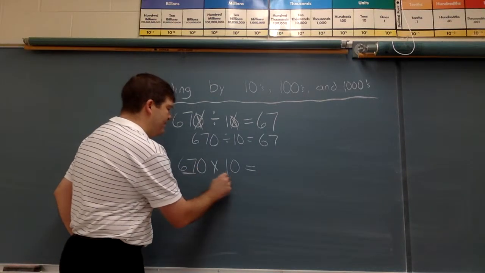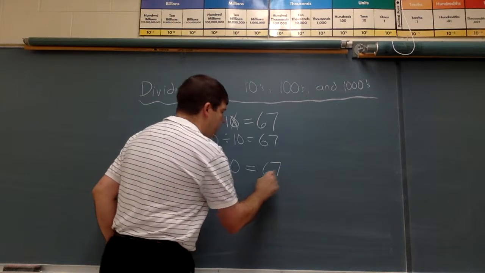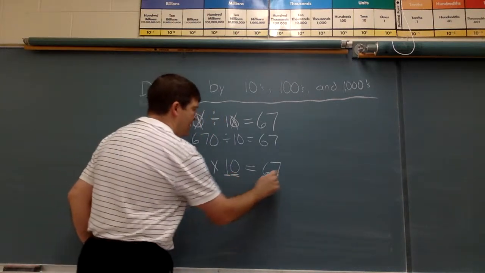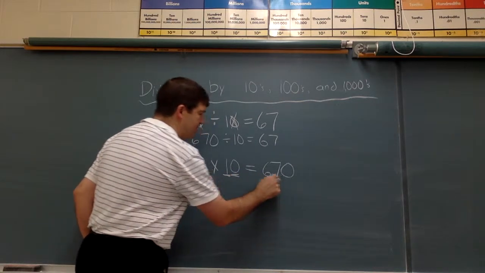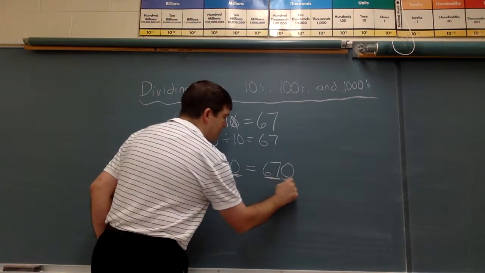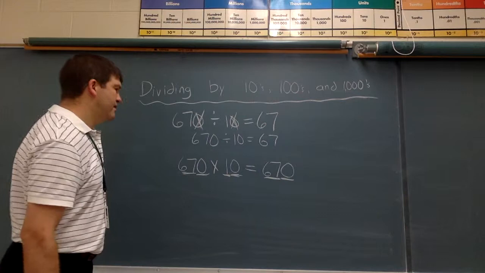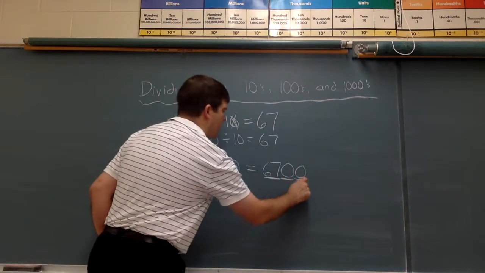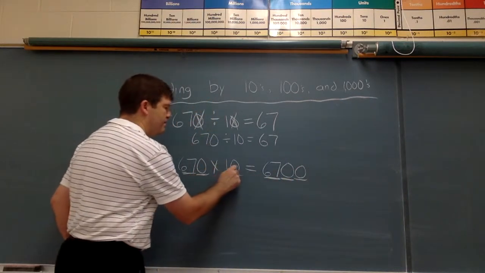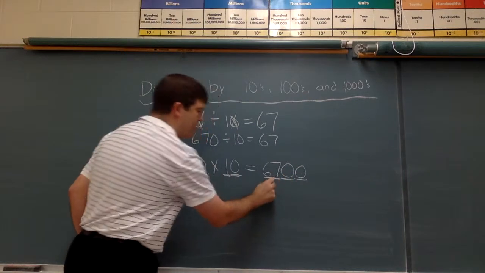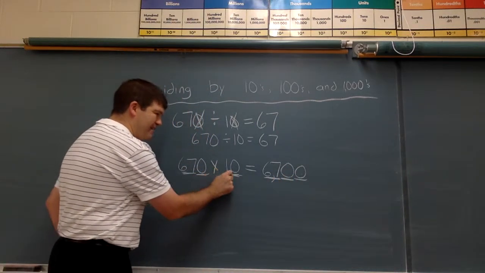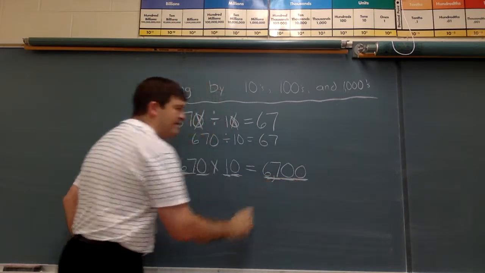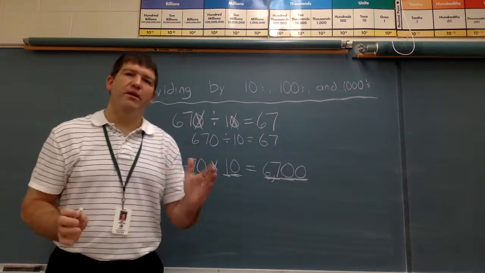I have my 67 times 1, and then I have to add a 0. Okay, so the 67 times 1 is the 67, and I got the 0 there. So 670 times 10 gets me to 6,700. I went into the bigger place value.